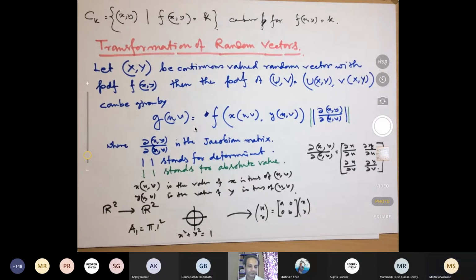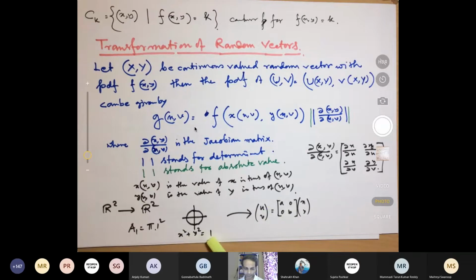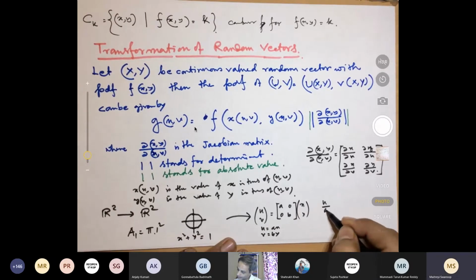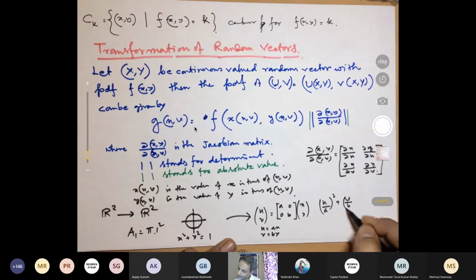Here u equals ax, v equals by. So it will be (u by a) square plus (v by b) square equals 1.